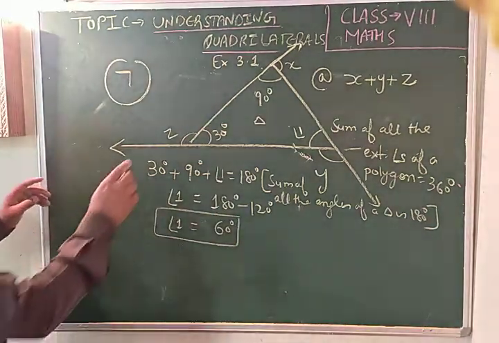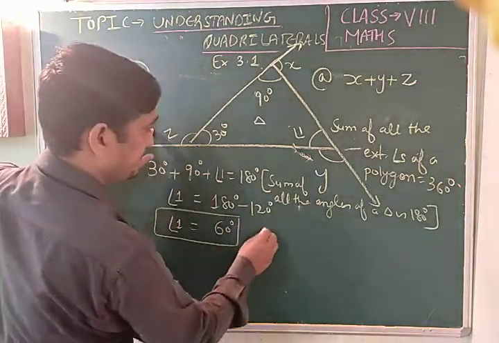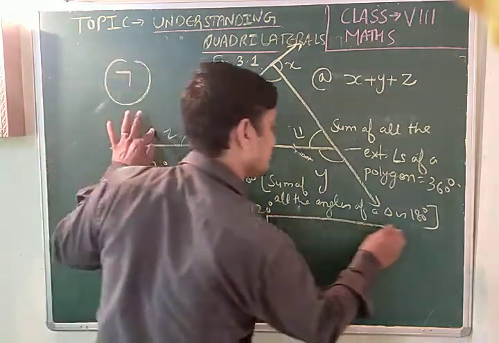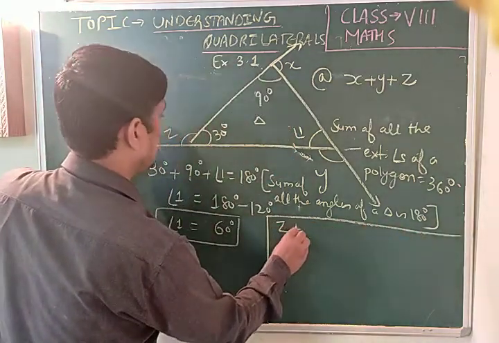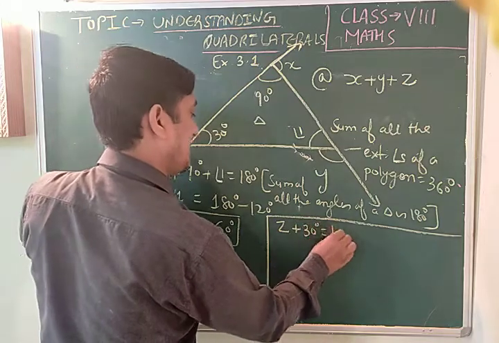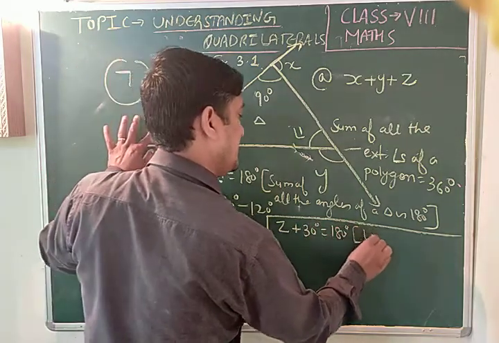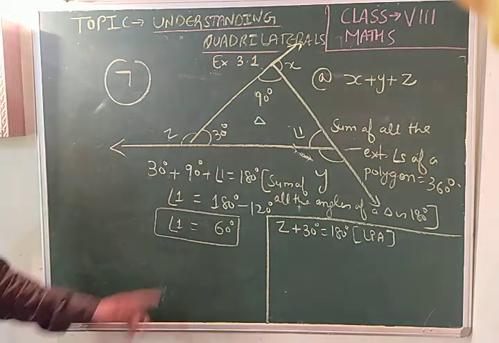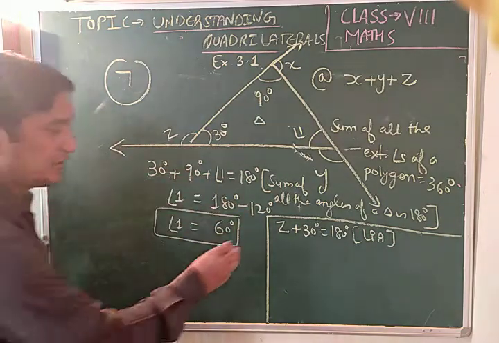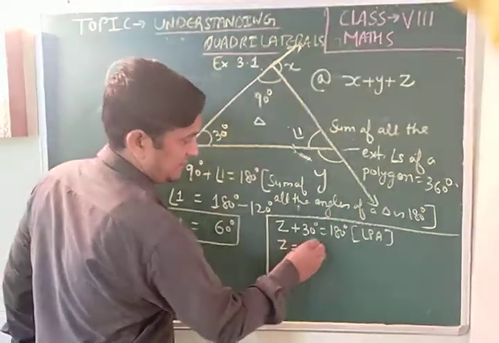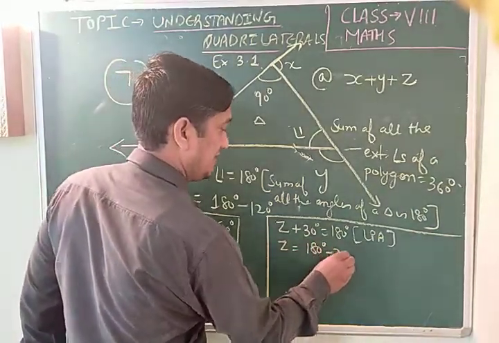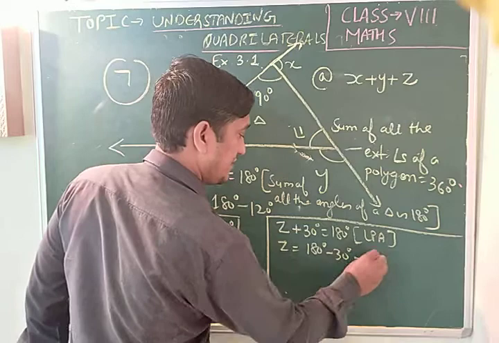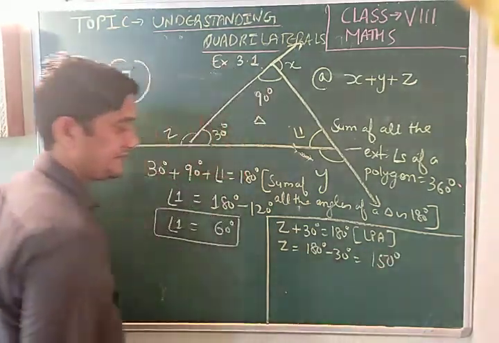Now children, see, this z plus 30 equals 180 degree. Linear pair axiom, angles formed on a straight line always add up to 180 degree. So the value of z is 180 minus 30, that is 150 degree.